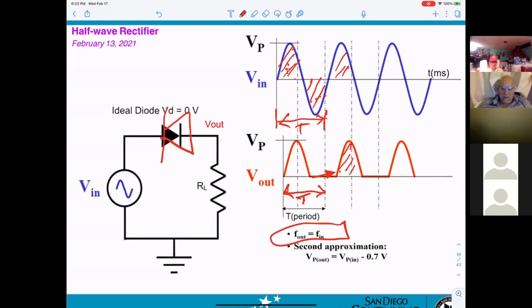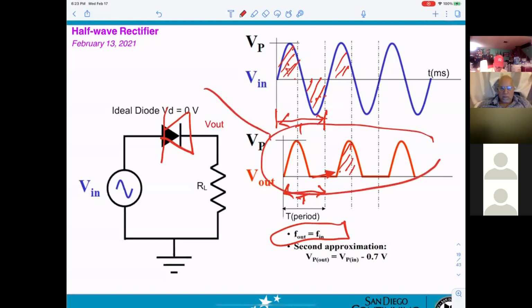And also now, the output they are drawing for you here is for the ideal diode. That means VD equals 0.